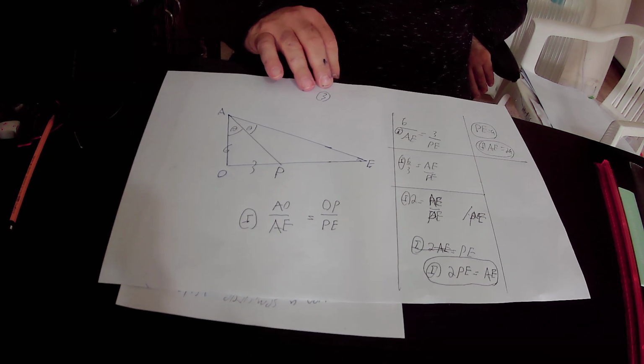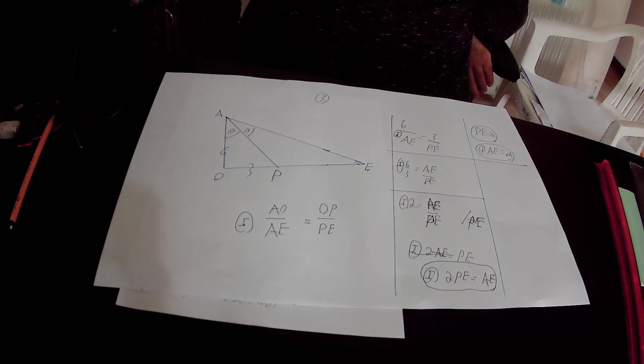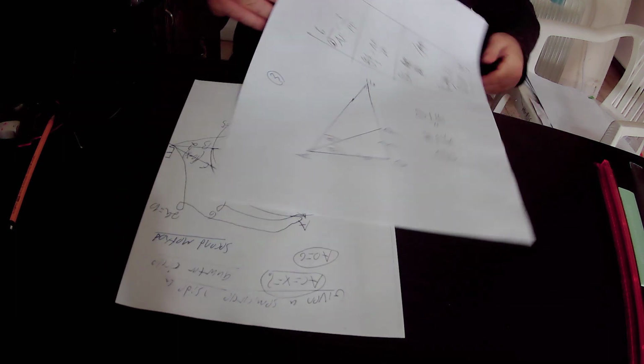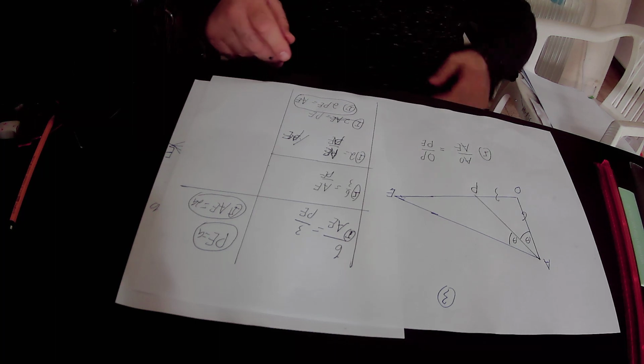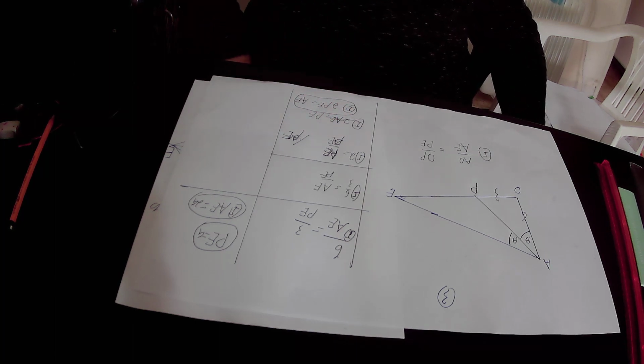We divided equation number 1 by 3 and multiplied by AE, and we found that 6 over 3 equals AE over PE. 6 over 3 is 2, so 2 equals AE over PE. We multiplied equation number 1 by PE, and we got that 2 times PE equals AE. So AE equals 2 times PE.